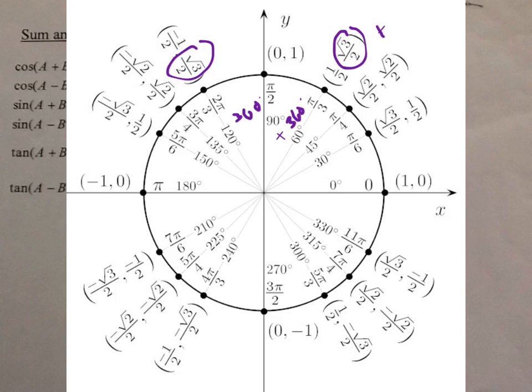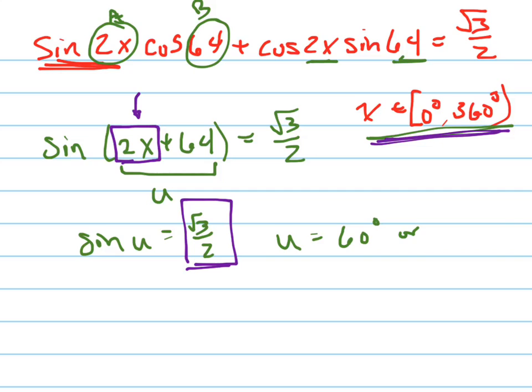So we've got 60 degrees, 120 degrees, 420 degrees if I add 360 to that, and 480 degrees. I'm adding 360 to those two because it's a double angle.